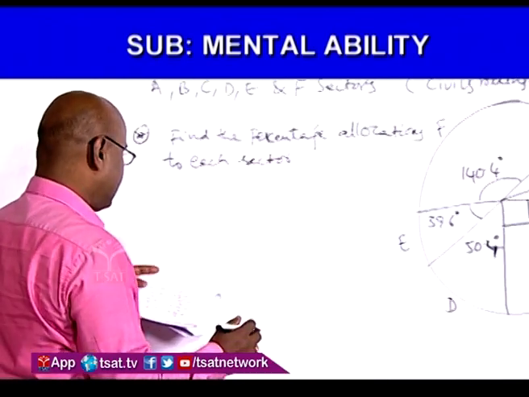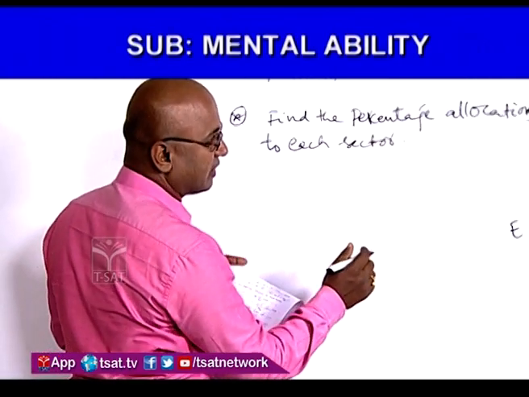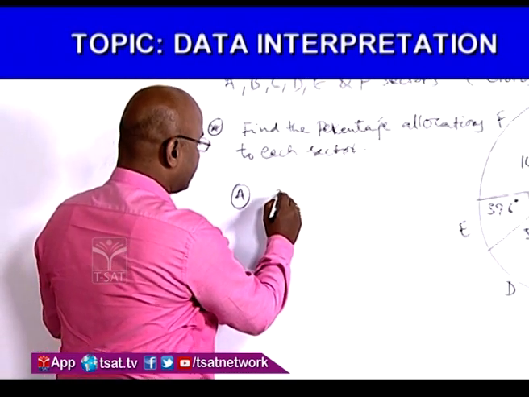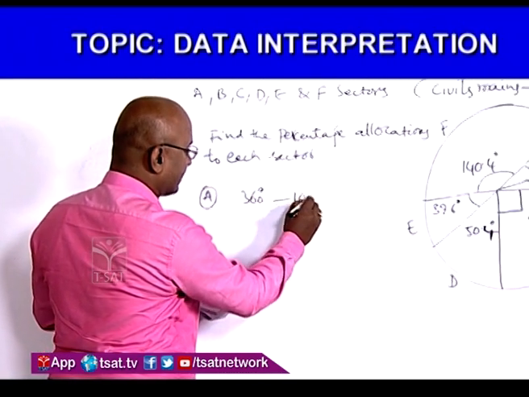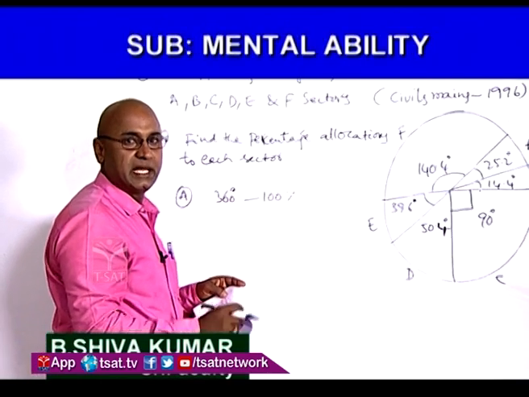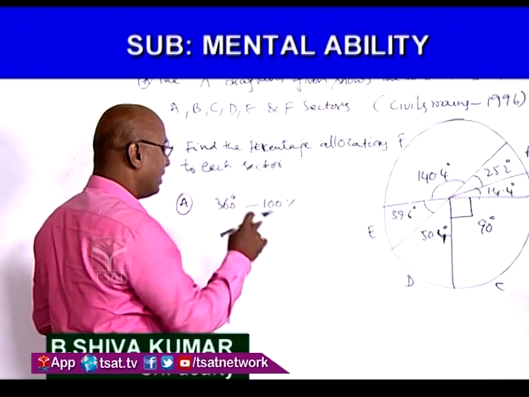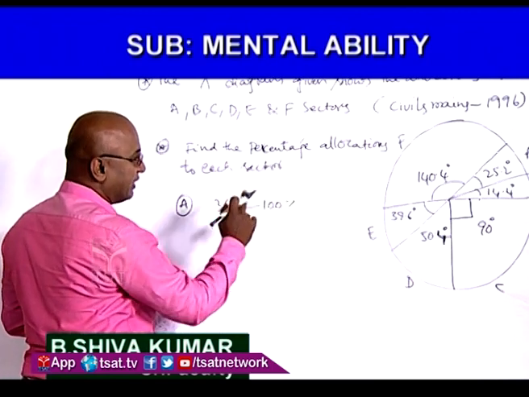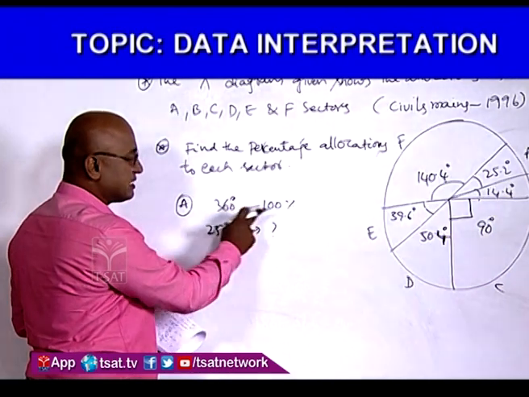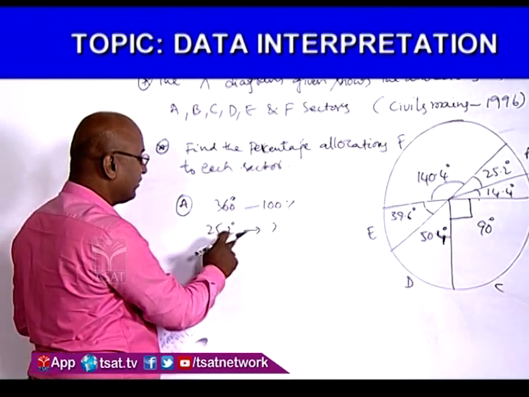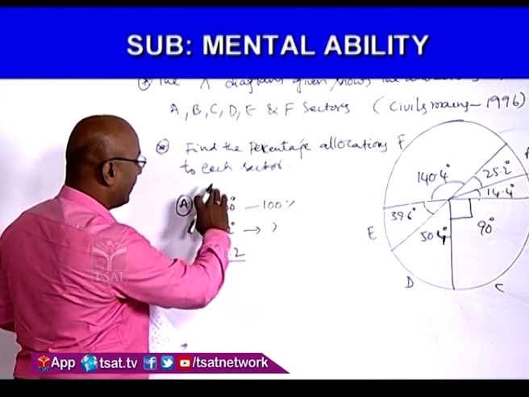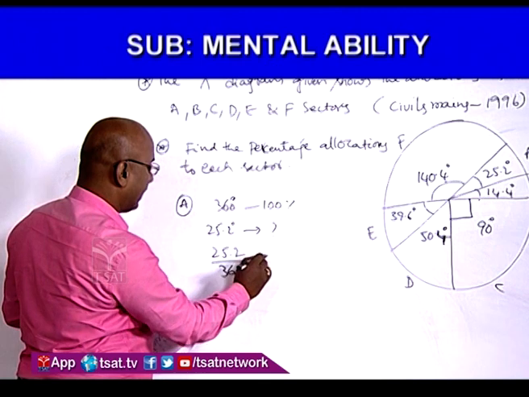Now, percentage allocation to A. We know that 360 degrees is equal to 100%. The total angle in the circle is 360 degrees, that corresponds to 100%. Now, in the case of A, it is 25.2 degrees. If 360 degrees is equal to 100%, then 25.2 degrees, how much? 25.2 by 360 into 100.